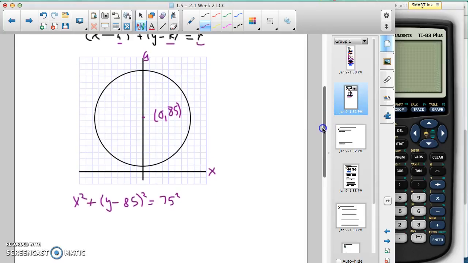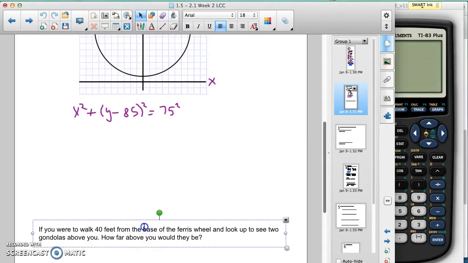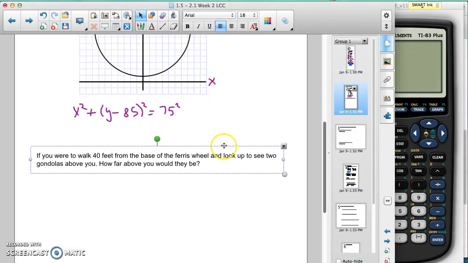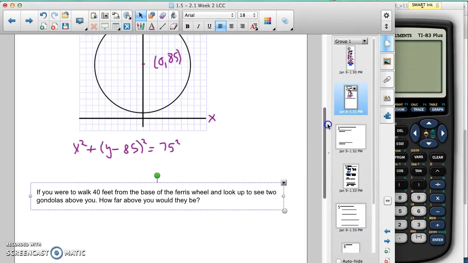So what we're going to try to do is answer this question right here, which is if you were to walk 40 feet from the base of the Ferris wheel and look up to see two gondolas above you, how far would they be? How far above you would they be?